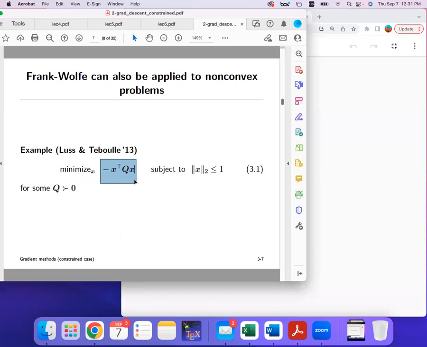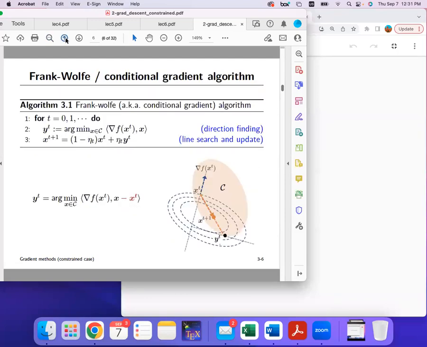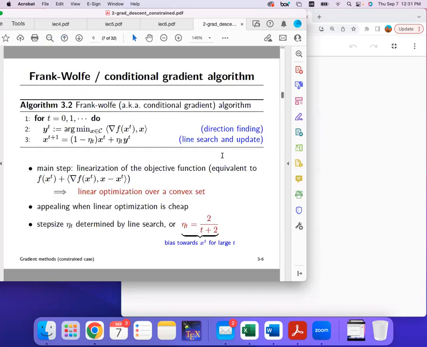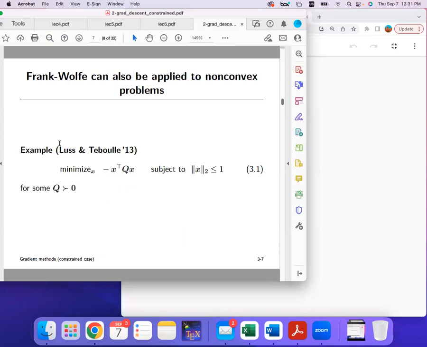So this problem is to minimize a concave function over a convex constraint set. It falls into the non-convex optimization category, because typically we only talk about convex functions, right? F is convex. But this example shows that Frank-Wolfe can also be applied to solve non-convex problems. This is minimizing a concave function.